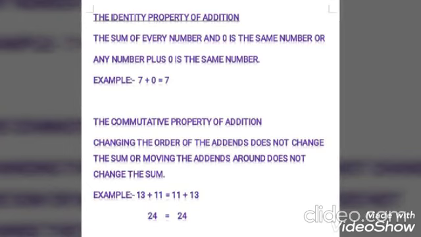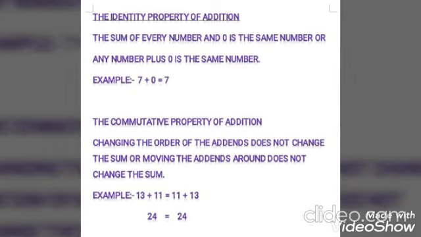So, is it making any change in the sum? No. 13 plus 11 is 24 and 11 plus 13 is also 24. So, this is known as the commutative property of addition. You can place the numbers or addends in any order while adding.